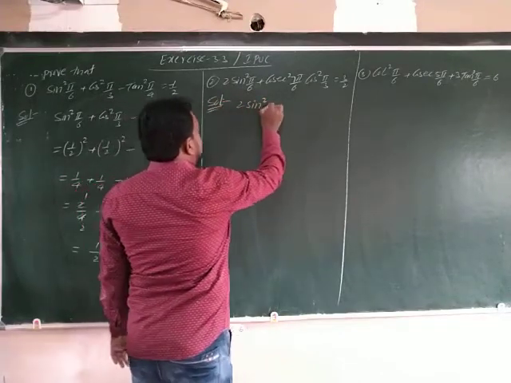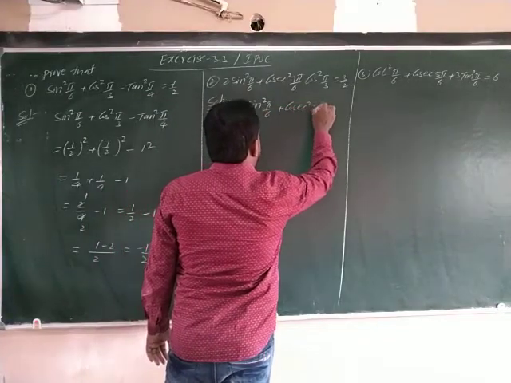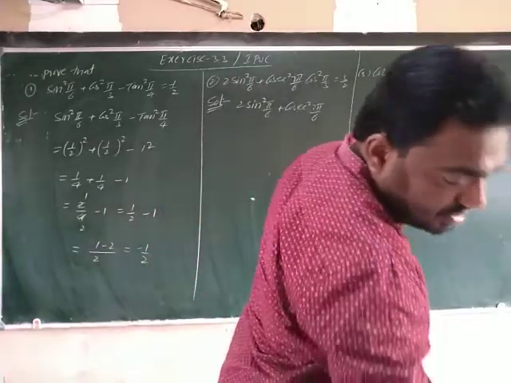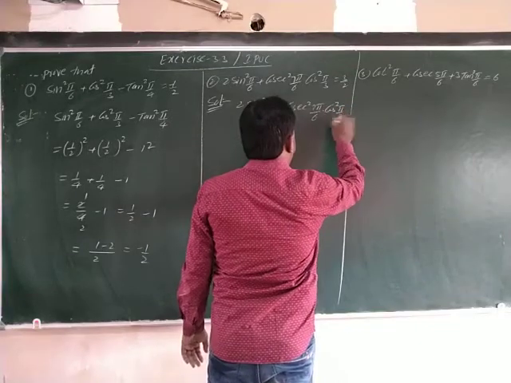2 sin square pi by 6 plus cosecant square 7 pi by 6 into cos square pi by 3.